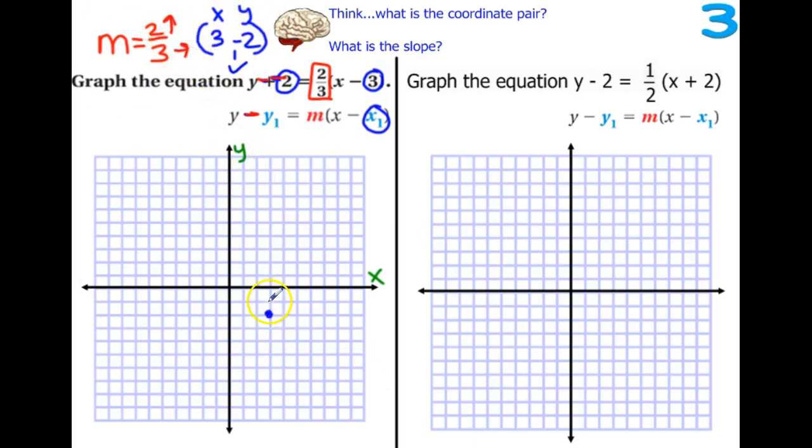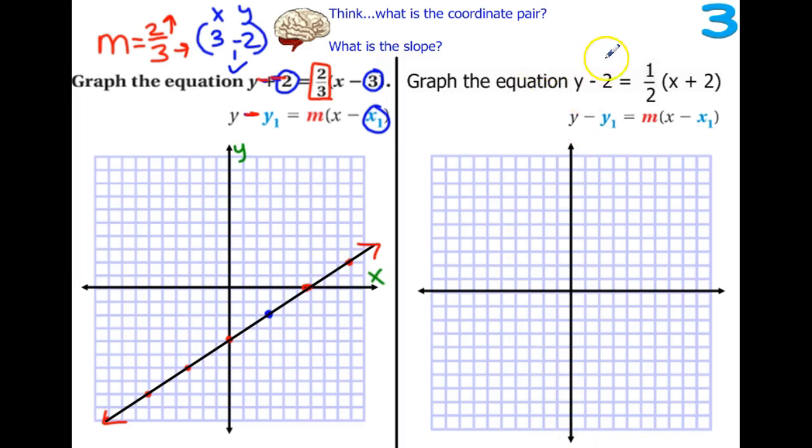So rise 2, and run 1, 2, 3. Rise 2, run 3. Or instead of up and right, we can go down 2, 3 to the left. And there's our nice straight line. Make sure you put arrows on the ends to show that it could go on in both directions.